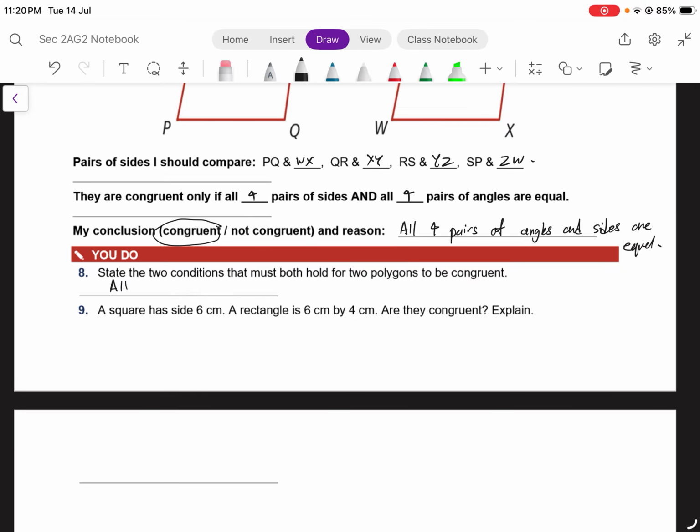All corresponding sides and all corresponding angles must be the same. Okay, we need to be specific. So a square has sides 4. Are they congruent? No. Okay, no they are not.